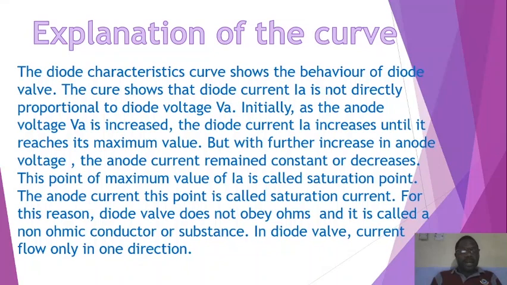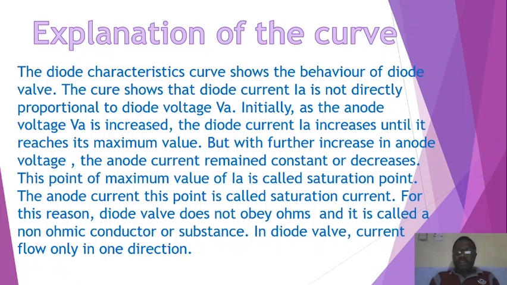Okay. Now, we said that the diode characteristic curve shows the behavior of the diode valve. The curve shows that the diode current, IA, is not directly proportional to the diode voltage, VA. Initially, as the anode voltage increases, the current also increases until it reaches its maximum value. That maximum voltage is what we call the saturation voltage.